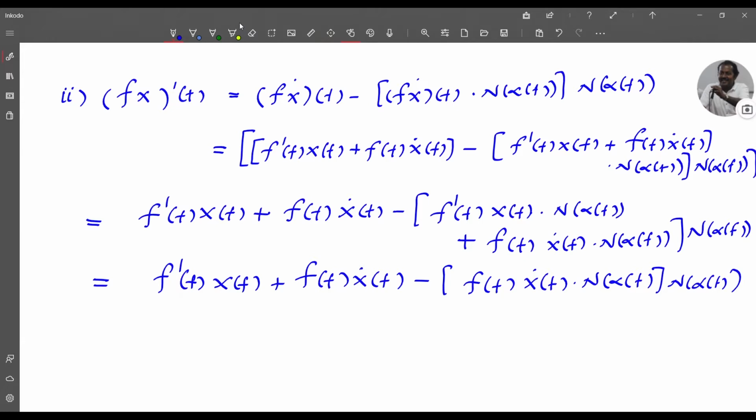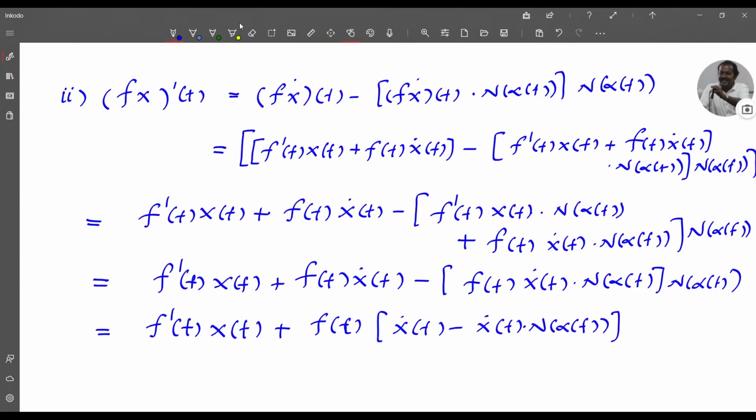So this is equal to f prime of t into x of t plus, you can take f of t outside here, f of t into x dot of t minus x dot of t dot n of alpha of t times n of alpha of t.